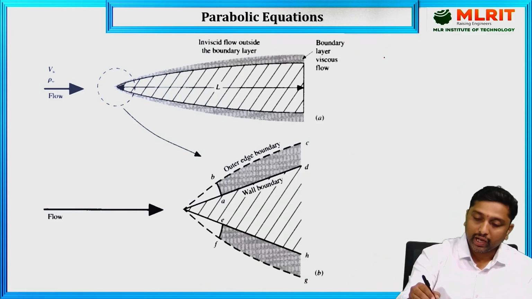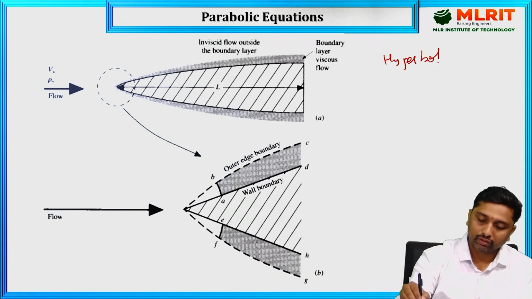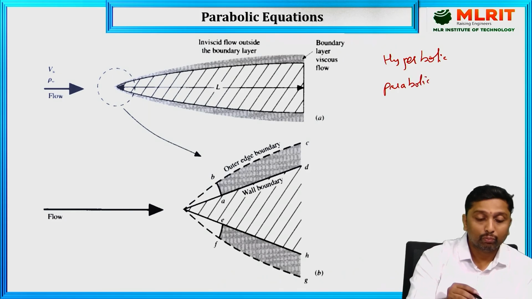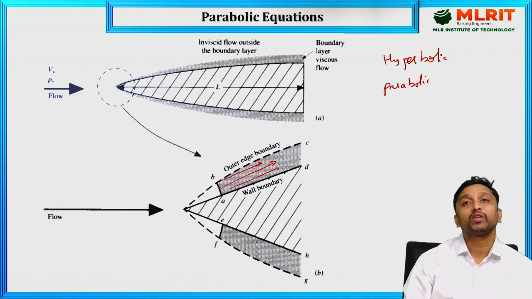Since hyperbolic and parabolic equations, both, if we observe, will travel in one direction. The disturbance will always travel in one direction.